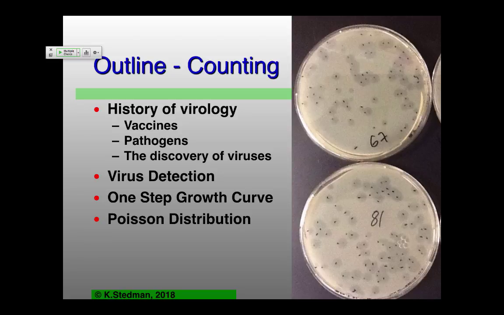Usually you've got to look at bulk. And so the idea of the one-step growth curve is to see what's happening in bulk, but back calculate that to the one virion going through that one virus life cycle. And so the whole idea here is synchronizing, so that you have a completely infected set of hosts.